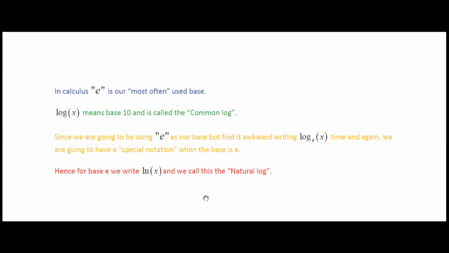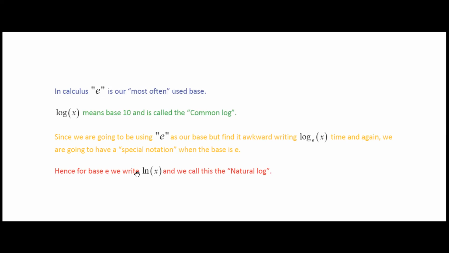Because if we will be putting this down all the time, we don't want to. But yet, if we don't put it, it means base 10, and so there's going to be a lot of confusion. So what we're going to do, if the base is e, we're going to write ln.